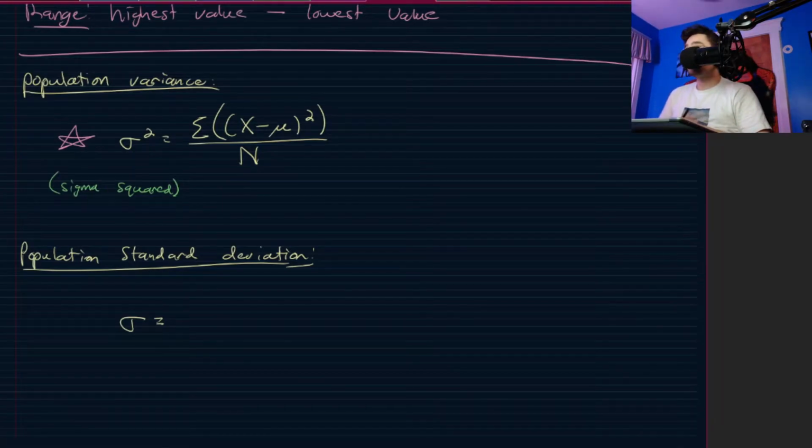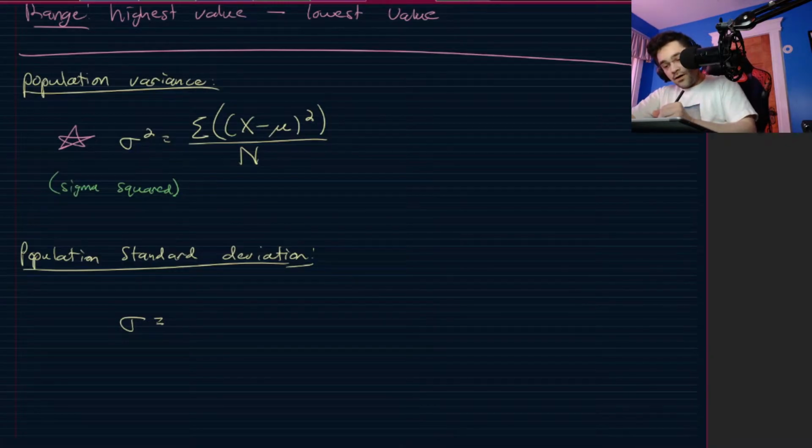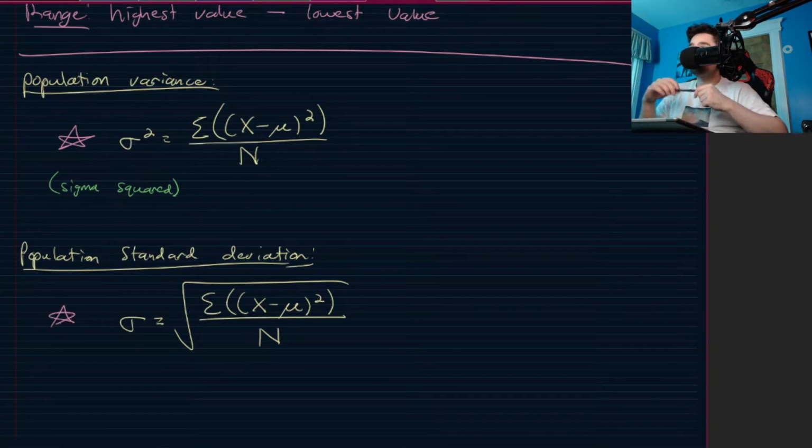If we took the square root of sigma squared, it's just sigma. So you just add the square root on this right term. So it's not too much harder on the memorization, right? As long as you know sigma squared, you know sigma is just attaching this big square root symbol to it. That would be our formula for sigma, aka the population standard deviation.